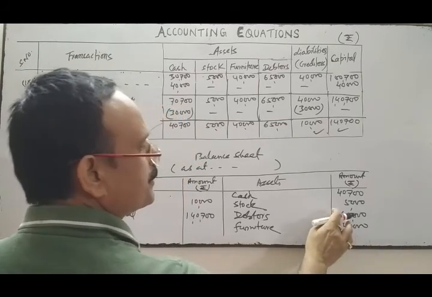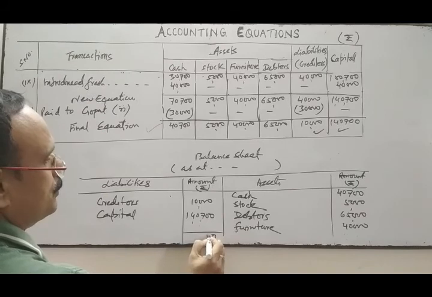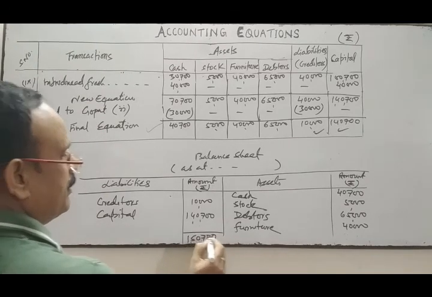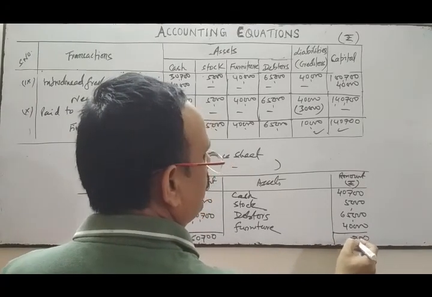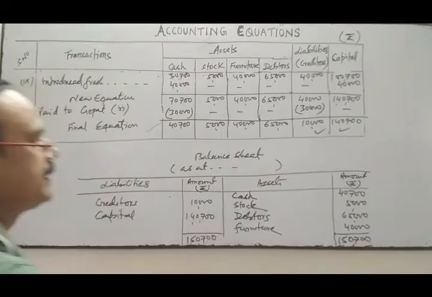We may write the furniture over here or debtors over here, no problem. So the total is 1,50,700, and this side is also equal, 1,50,700. Both sides are the same.